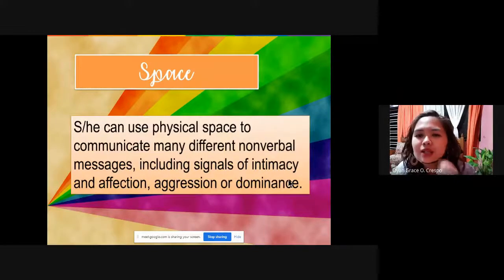He or she can use physical space to communicate many different nonverbal messages, including signals of intimacy and affection, aggression, and dominance. Now you don't have it anymore. My example would have been the armrest. In Meneses, we have armrests.